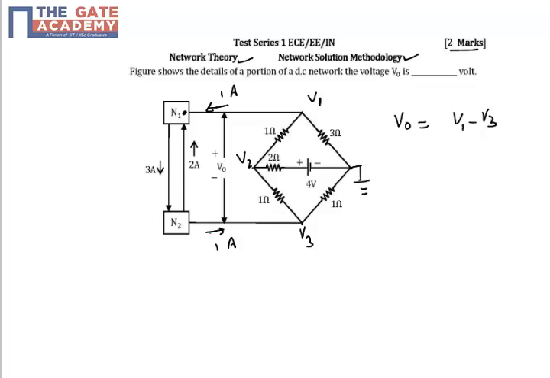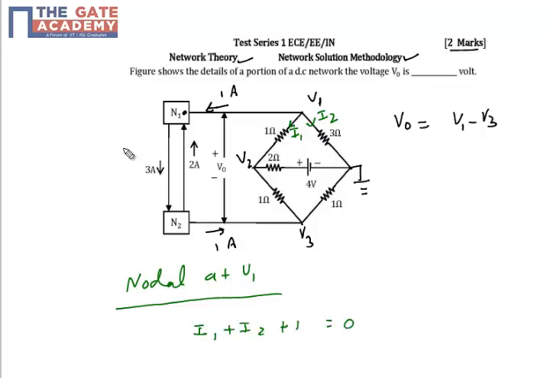Now let's apply nodal at node V1. Assume this current as I1 and the current across this branch as I2. So nodal at V1, sum of the incoming current is equal to sum of the outgoing current. All three currents are incoming, so I1 plus I2 plus 1 is equal to 0.